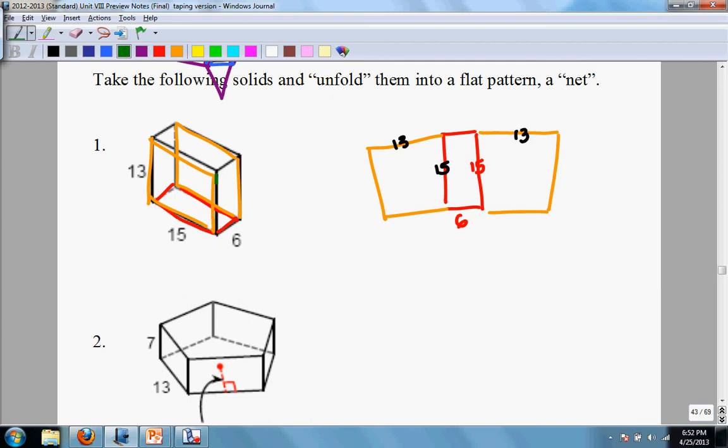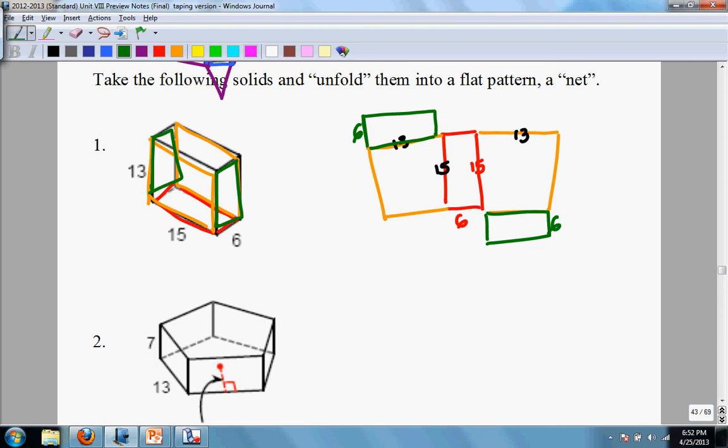Wrapped around is the additional front and back flap, and notice it's bordering the 13 here, so I'm going to bring this around. It's bordering the 13, one on one side, one on the other. And the width here is 6.